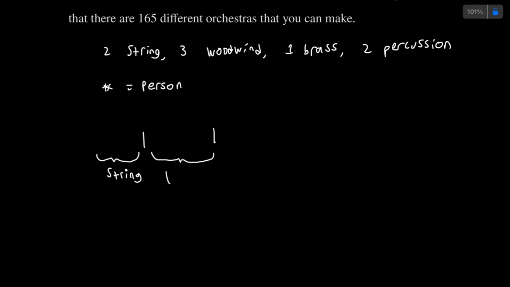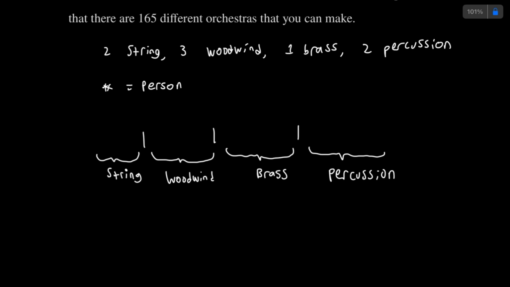This section will be woodwind. Another bar. This section is brass. And the remaining section here will be the percussion. And then this orchestra that we've made up here, well, we have 2 strings, 3 woodwinds, we have 1 brass, and we have 2 percussion. Okay.